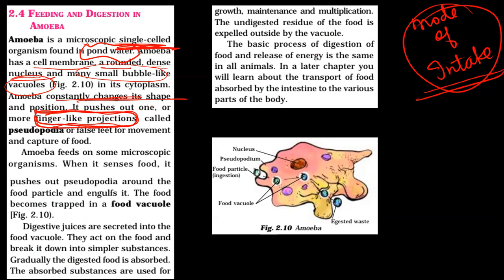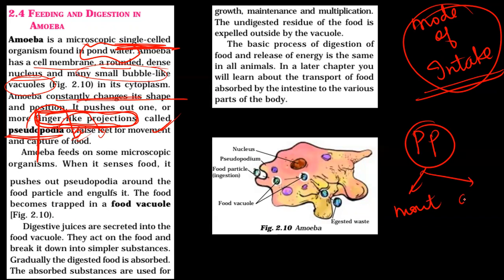So this is known as pseudopodia. Pseudo means false and podia means feet. False feet. And this helps in its movement and to capture food. So pseudopodia help in movement as well as capture food.